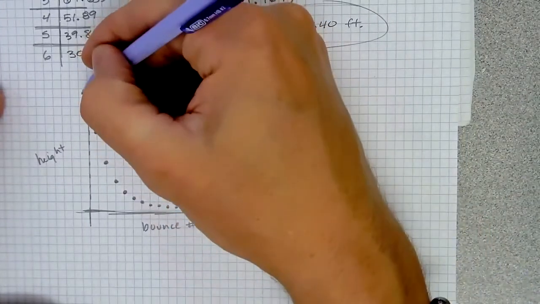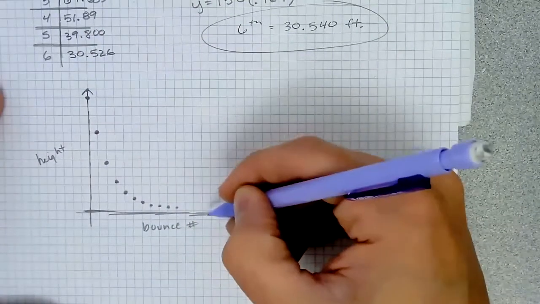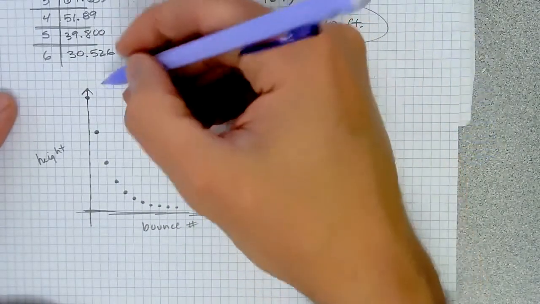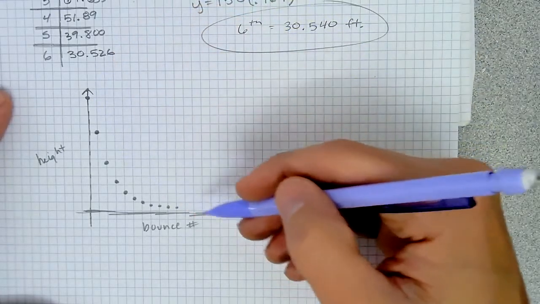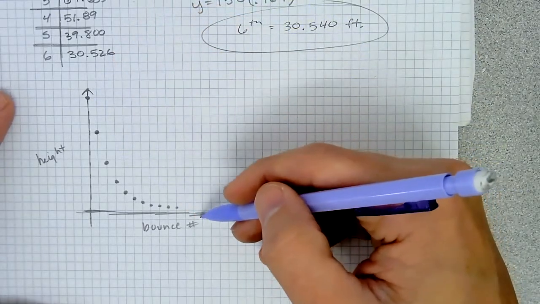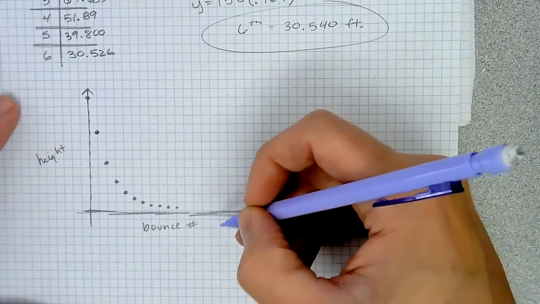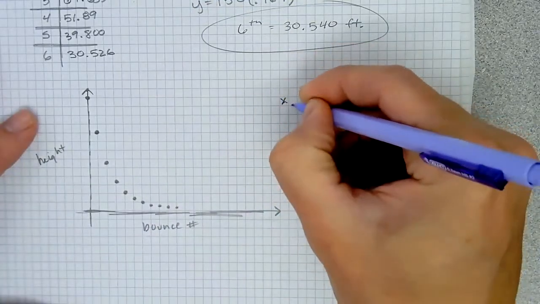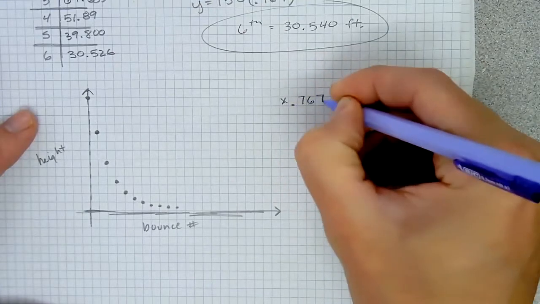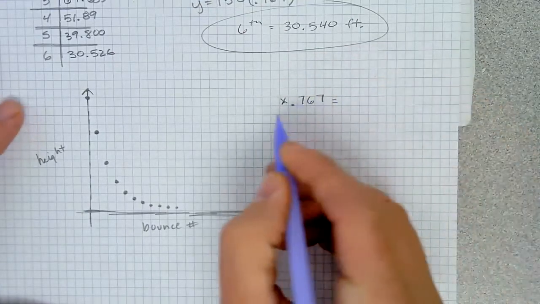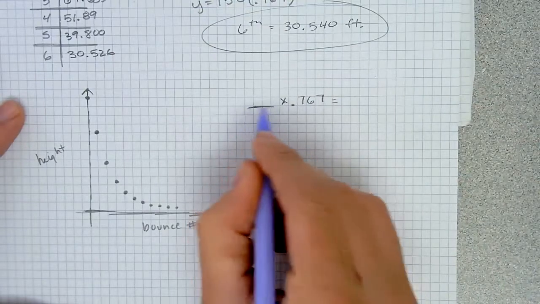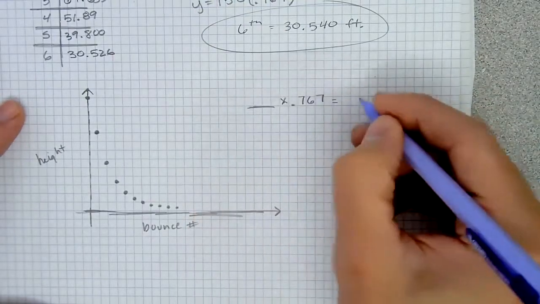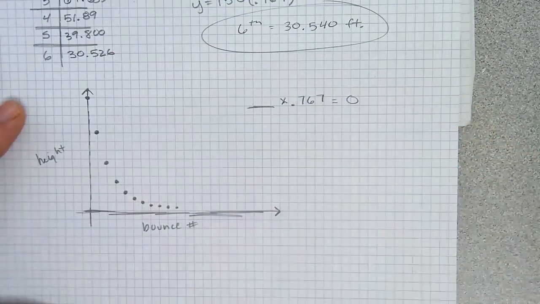Okay, but notice with our equation, our height is never technically ever going to get to 0. Okay, because if we think about it, we're always going to be multiplying something by 0.767. And unless that number is 0, that's the only way we'd get an answer of 0.